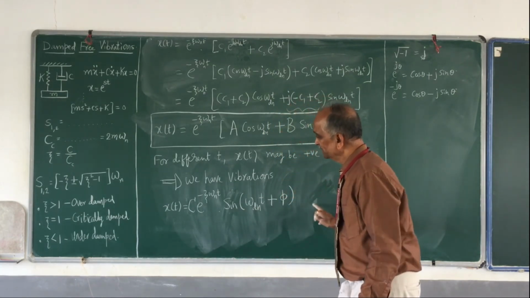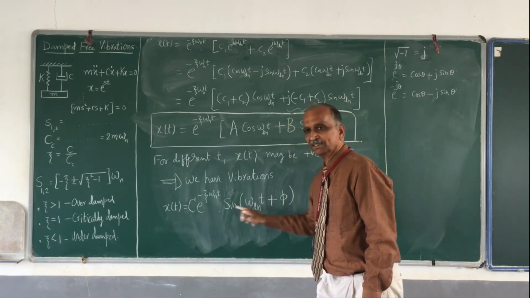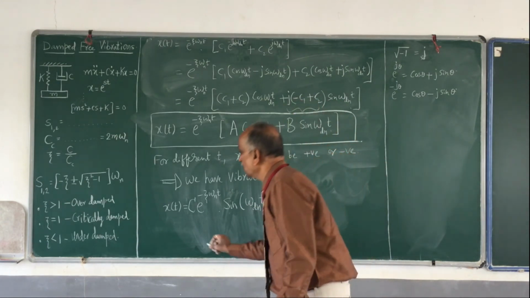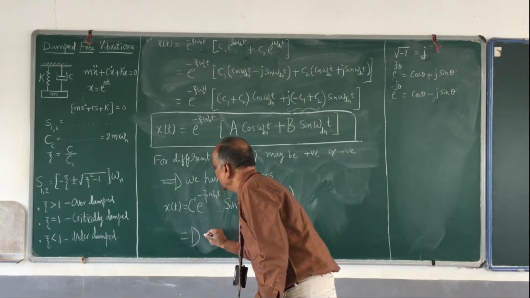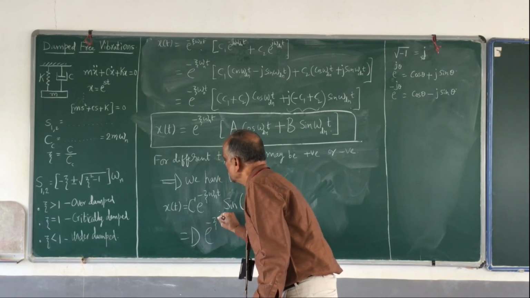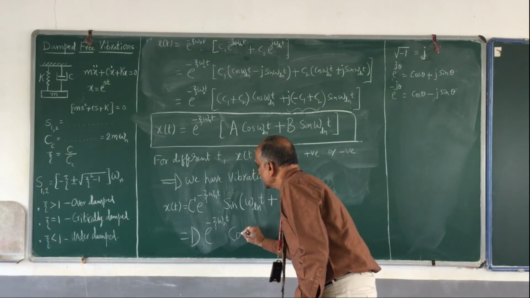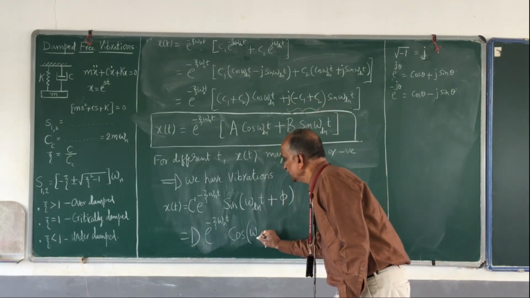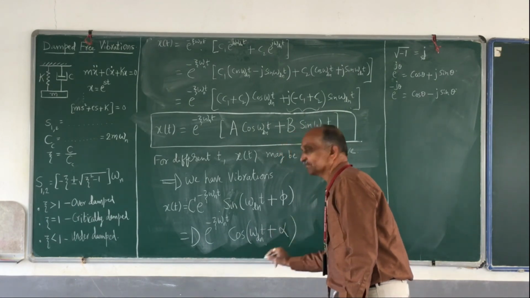Please remember, in this equation also we have two constants, C and phi. Phi is called the phase difference. This can also be written with another constant D: e raised to minus zeta omega n into t into cos of omega dn into t plus alpha.